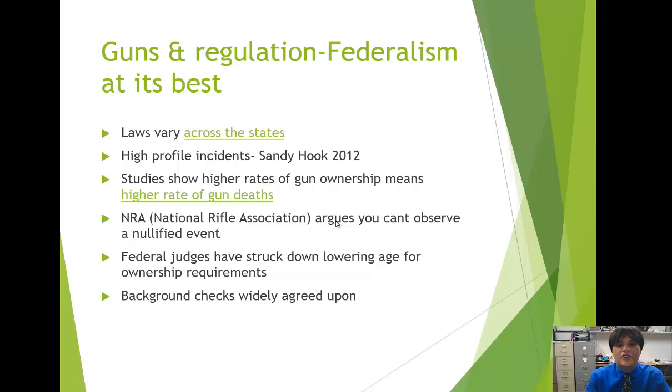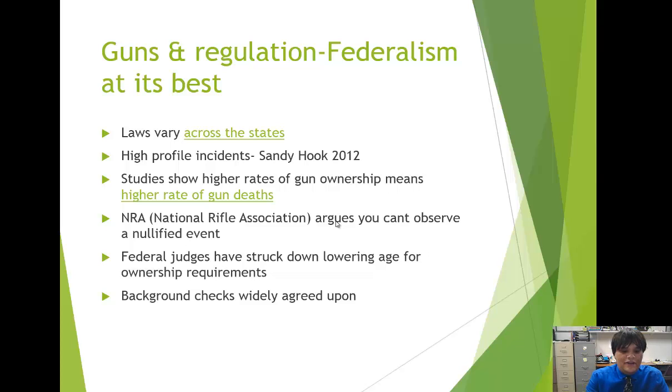You can deter criminals if they know that you are carrying, or if they know that you're packing heat. They're not going to rob you, and therefore that prevents a crime. So the NRA will often argue that guns actually prevent crimes and prevent more gun deaths from happening. More guns leads to less gun deaths, and we don't really know how many gun deaths we would have if there weren't guns.